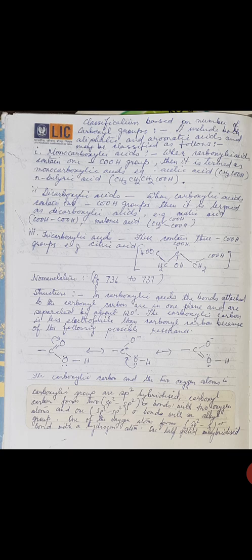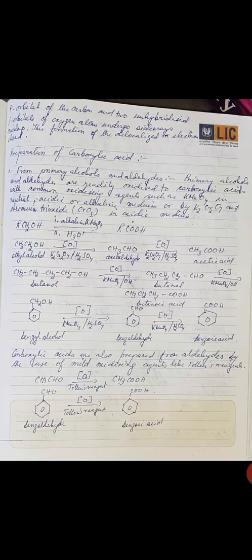The half-filled unhybridized p orbital of the carbon and the unhybridized p orbitals of the oxygen atoms undergo sideways overlap, and this forms a delocalized pi electron cloud. So this is the structure of carboxylic acid. If you want, you can go through your book also.